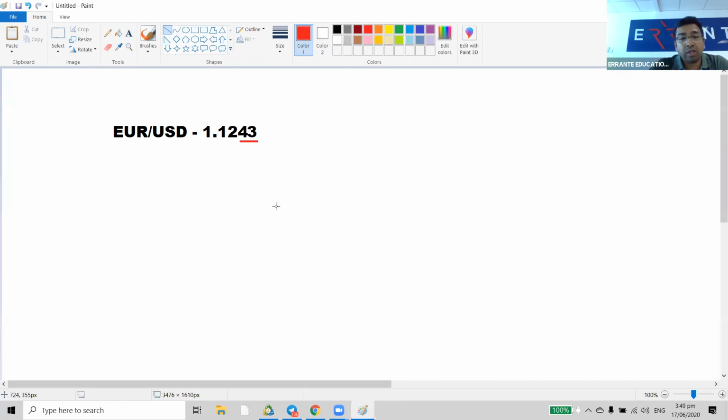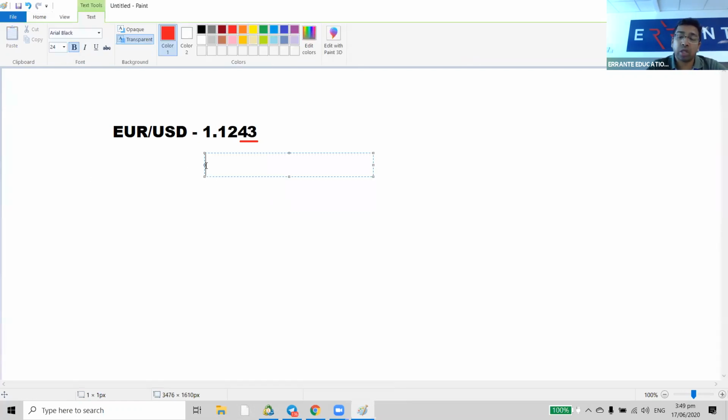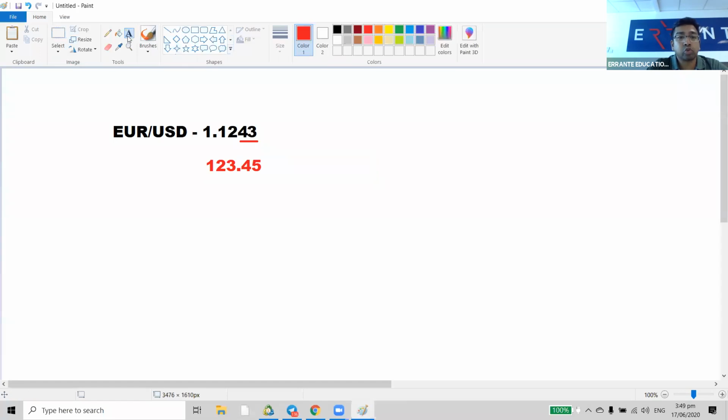Now, if it is not Euro USD, if it is usually JPY type crosses, you will get a different format of the numbers. Let's say the numbers are 123.45. You want to pay attention to the last 2 digits of the price, the 2 digits after the decimal.